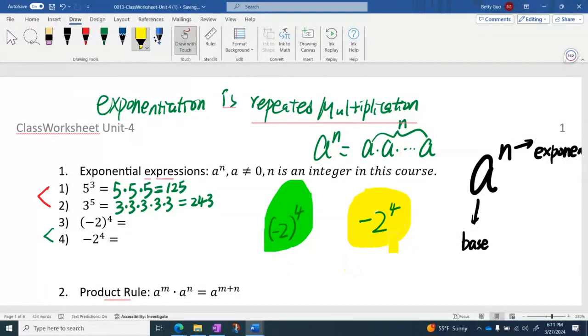And the yellow one doesn't have any parentheses. Seems like the 4 directly falls on the shoulder of 2. Please try to find the value for the yellow and the green expressions, and let me know, are they the same? Do they have the same values?